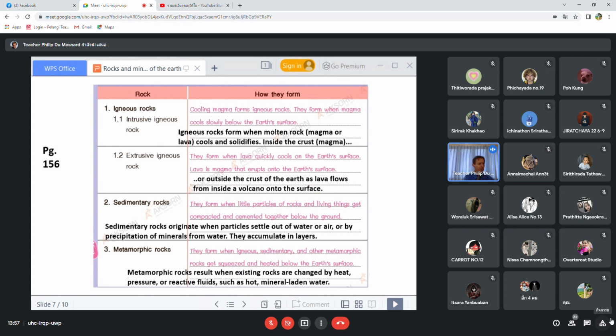What it says here is 156. Yeah, sorry. This is page 156. Yeah, I'll put it on the line. Class, I'll give you some time to copy.